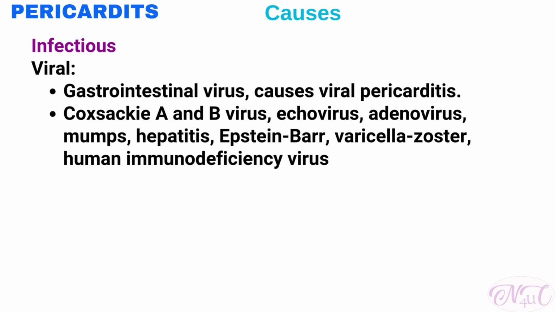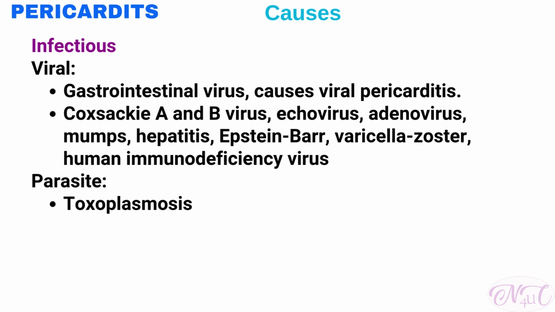Viral: a complication of a viral infection, most often a gastrointestinal virus, causes viral pericarditis. Coxsackie A and B viruses, echoviruses, adenoviruses, mumps, hepatitis, Epstein-Barr, varicella zoster, and human immunodeficiency viruses can all cause pericarditis. Parasitic: an infection from a parasite such as toxoplasmosis causes parasitic pericarditis.